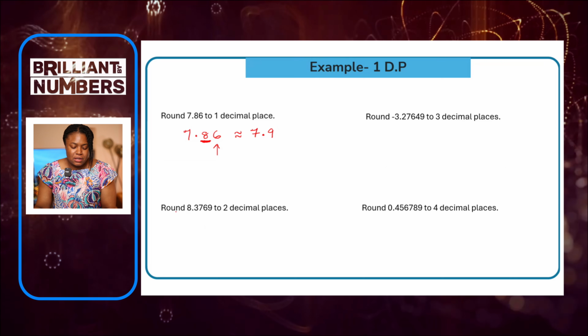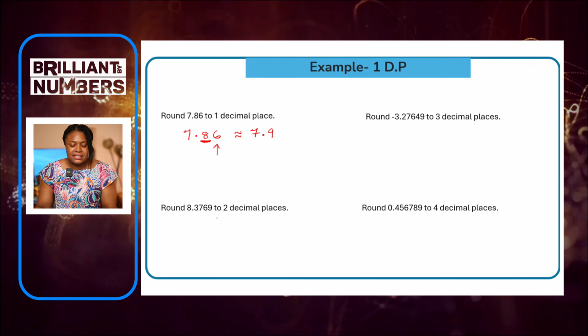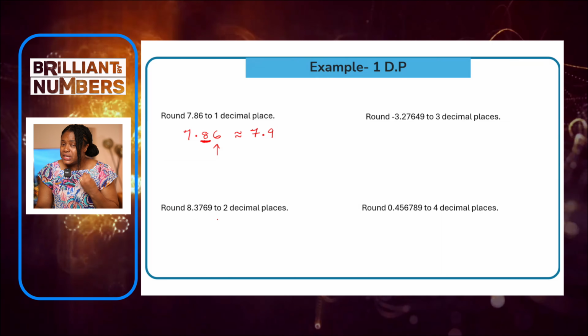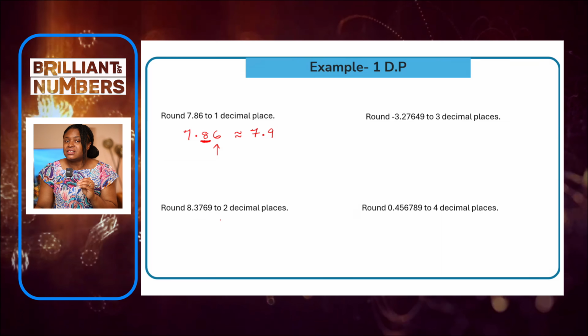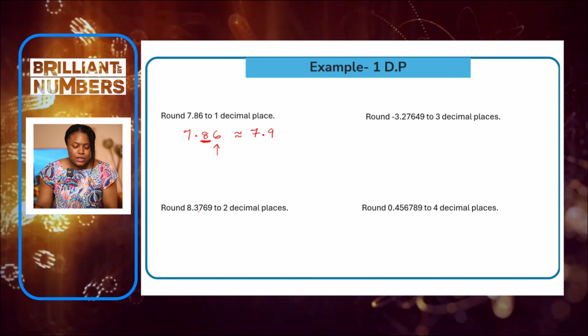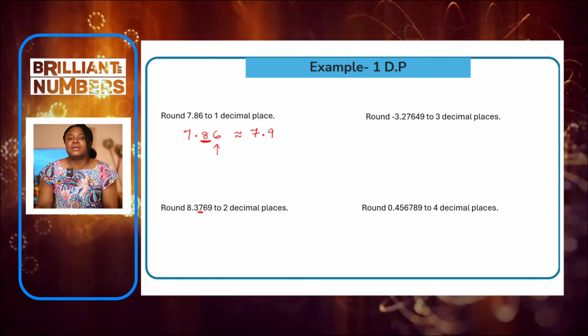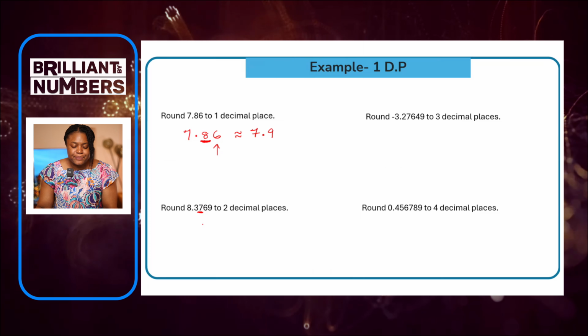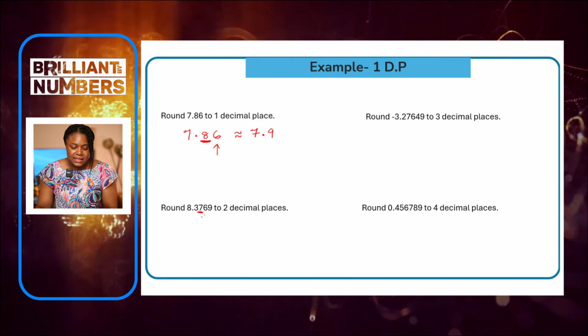So next question asks me to round 8.3769, this time to 2 decimal places. So I need to count my first 2 digits after the decimal. So 1, 2, so 7 is my digit, that's 2 decimal places after the decimal point. I now need to check on the digit exactly beside it, which is 6.